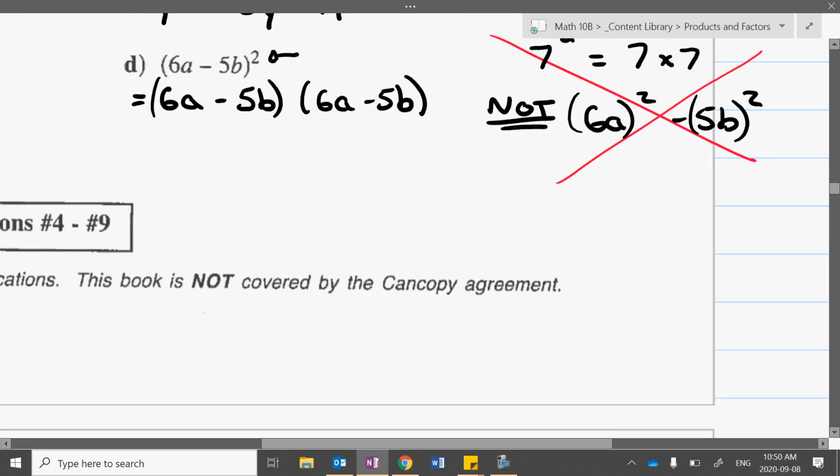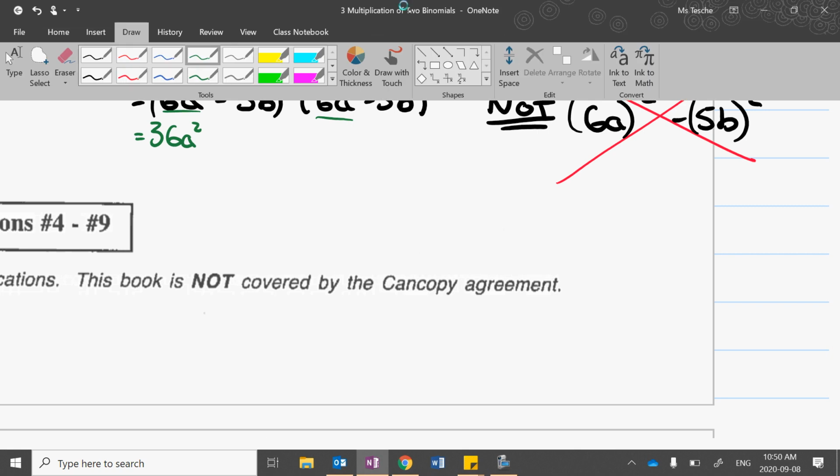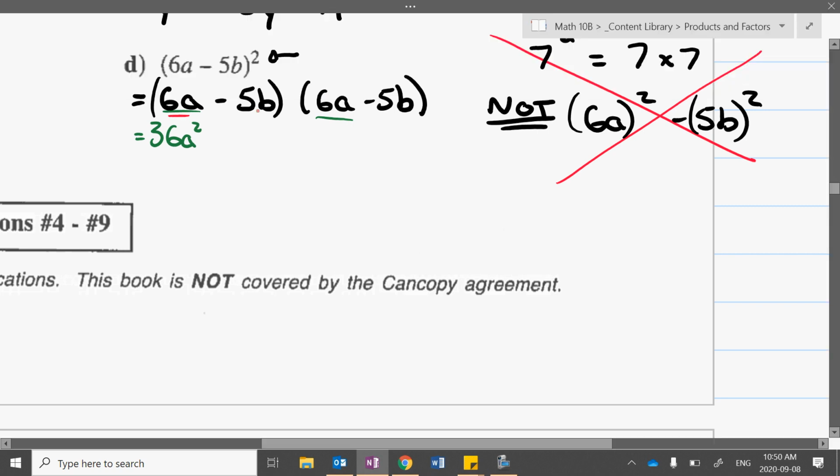So when I actually do this one, I get firsts. So I'm going to get 36a squared. First times first. Outer, 6a times minus 5b gives me minus 30ab. Inner, 5b and 6a, minus 30ab.